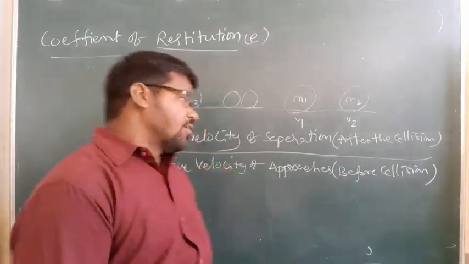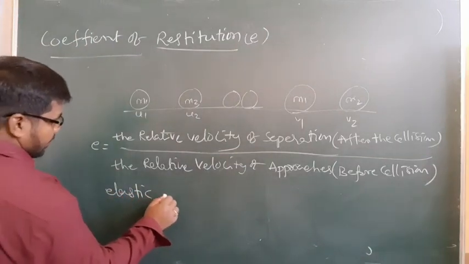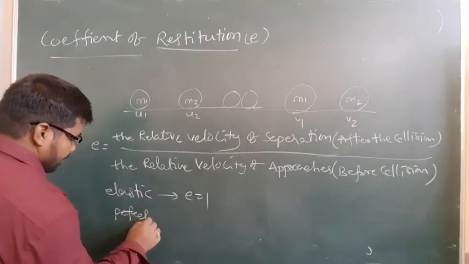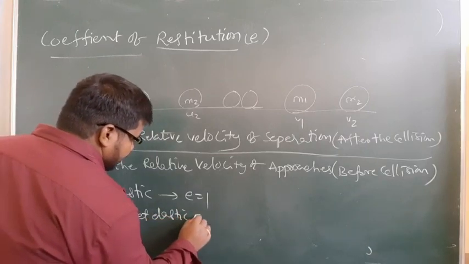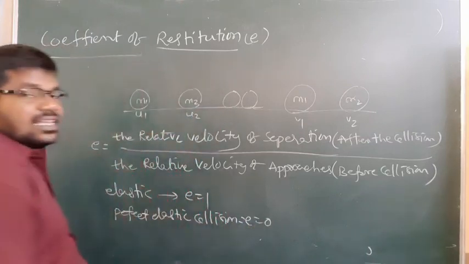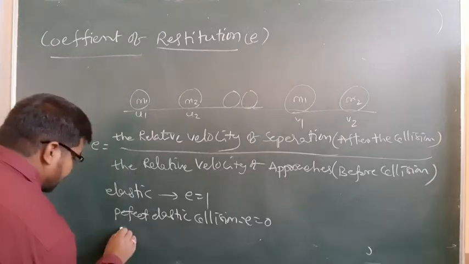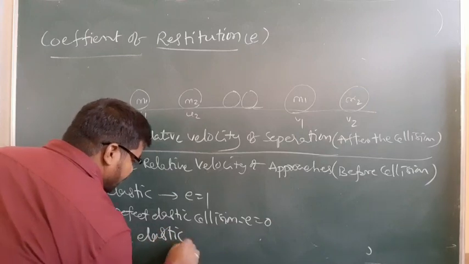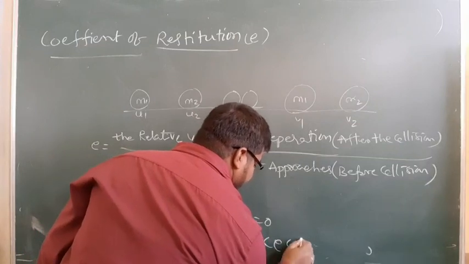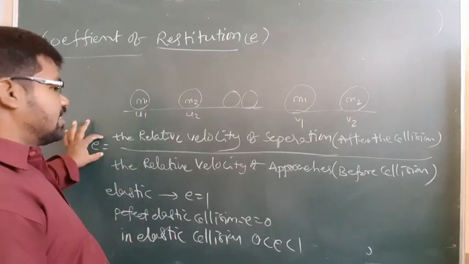For perfectly elastic collision, e is equal to 1. For perfectly inelastic collision, e is equal to 0. In inelastic collision, 0 less than e less than 1. For elastic collision e is equal to 1, so this ratio is 1.